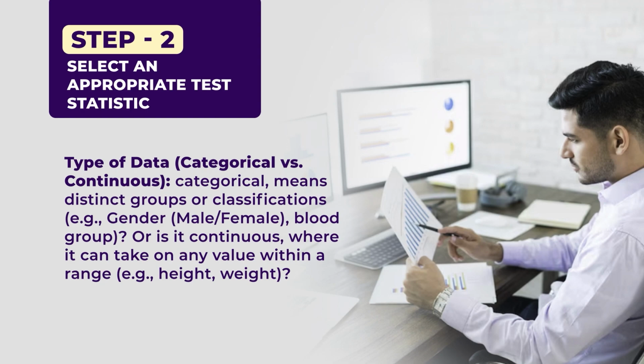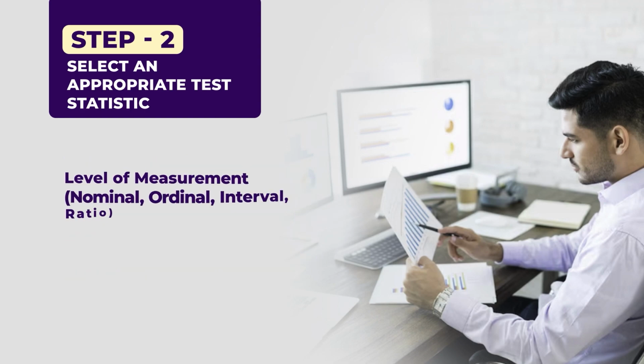The other type of data is continuous data, where the data can take on any value within a range. For example, it can be height or measurement of weight. The second factor is the level of measurement: how data is measured, which scale we have used. Have we used the nominal scale, ordinal scale, interval scale or ratio scale?